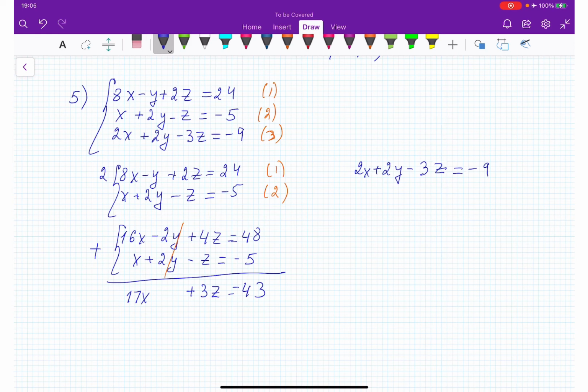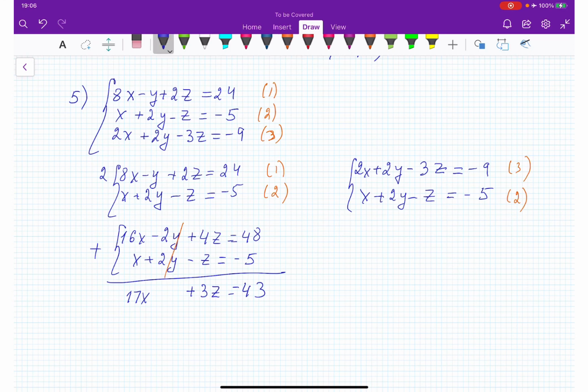So I would say the second one, because the second one also has 2y. All we have to do is multiply by negative 1. x plus 2y minus z is equal to negative 5. So this is the third one, and this is the second one.